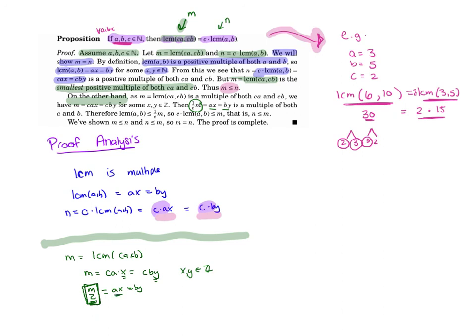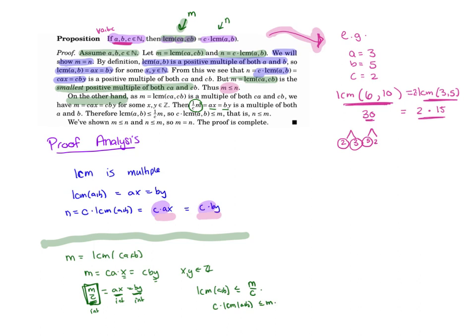Right, this is an integer, and this is an integer. So this also must be an integer because it's equal to them. So therefore, I know that the least common multiple of A and B is smaller than another multiple of A and B, which is M over C. So I get that multiplying through, C times LCM of A and B is less than or equal to M.